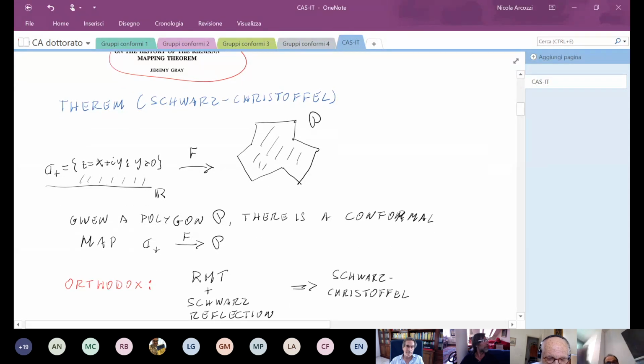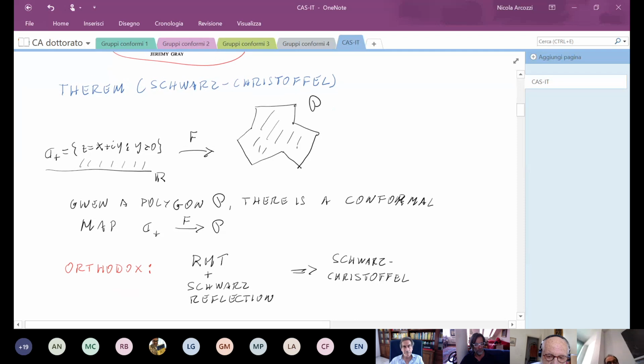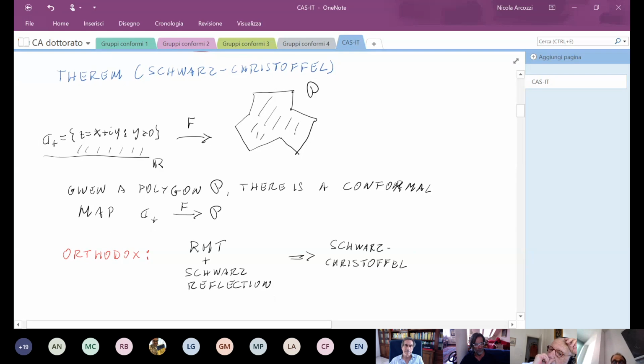Anyhow, let's go back to the Riemann mapping theorem. The Riemann mapping theorem for polygons is the Schwarz-Christoffel formula, and as a theorem, it says that given a polygon bounded by a simple closed polygonal curve P, I will use the letter P for the boundary, the interior, and the closure, there is a conformal map from the upper half plane to this polygon.